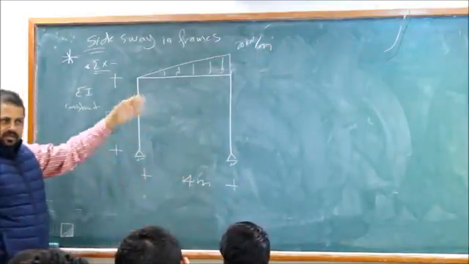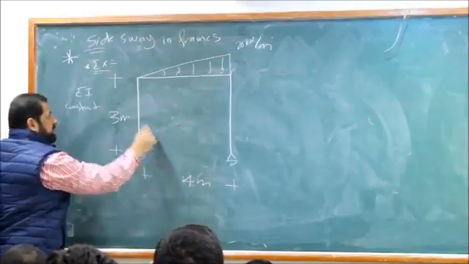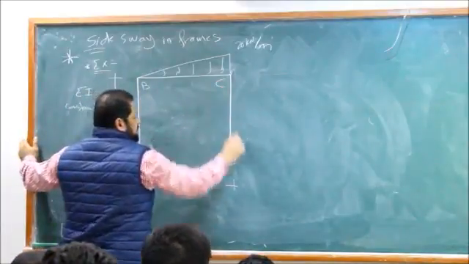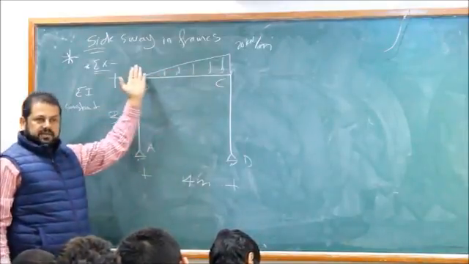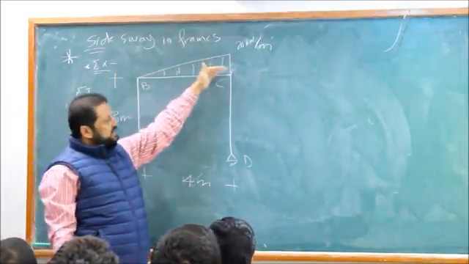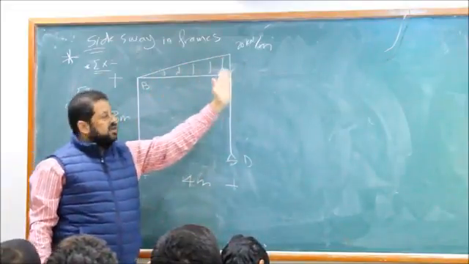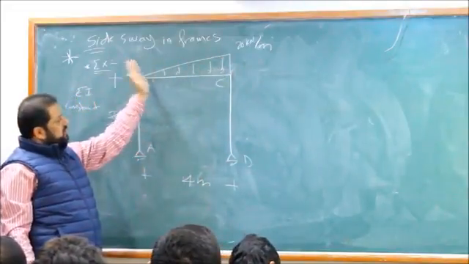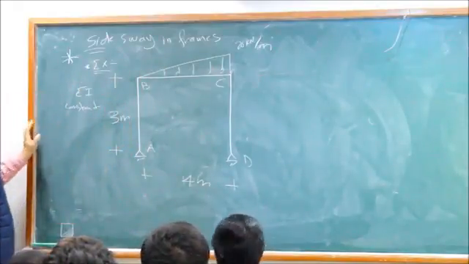The units, as long as they are dimensionally compatible, you can solve in any units. This is A, this is B, C, and D. And if you look at this one, the load is not symmetric. You can tell this load here will cause a sway to the right, more to this side. If this one was this way, it will cause a sway to this side. So how do you solve something like this?